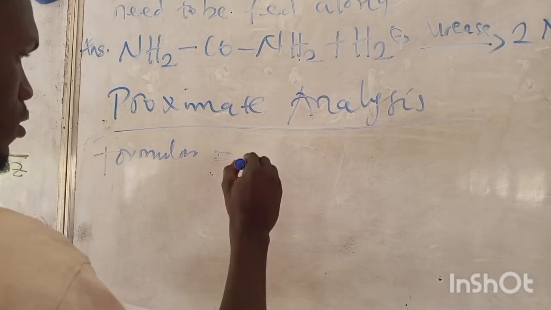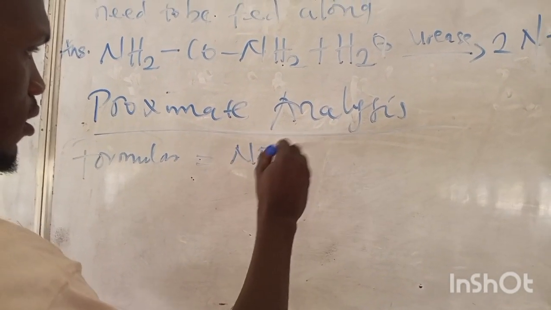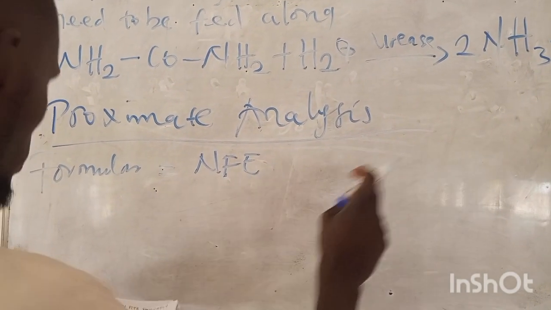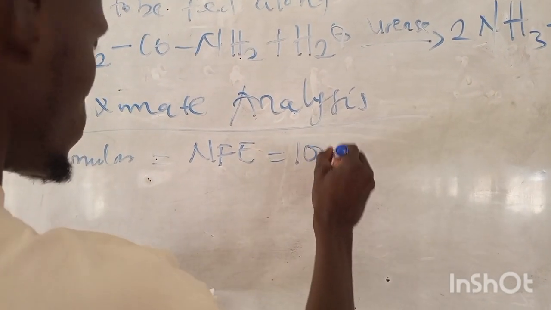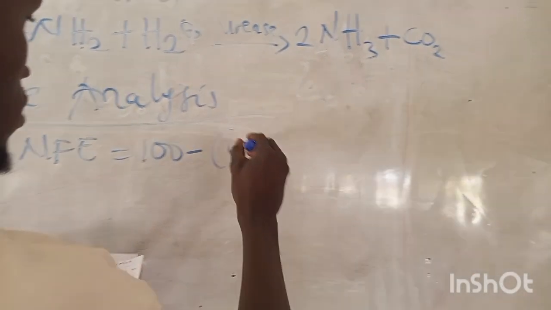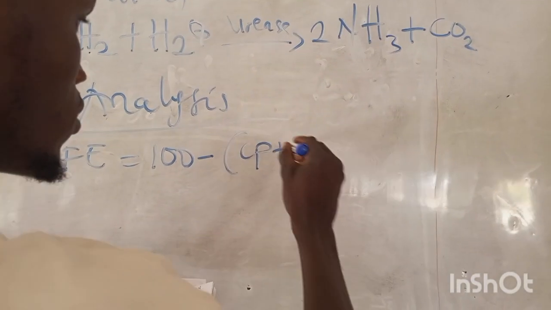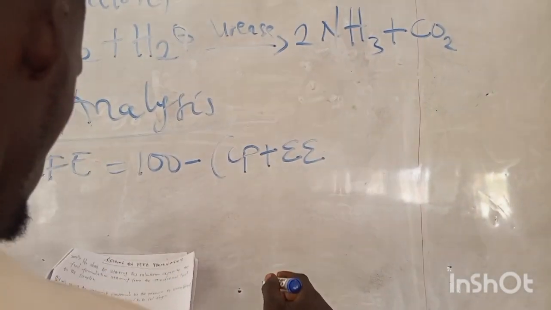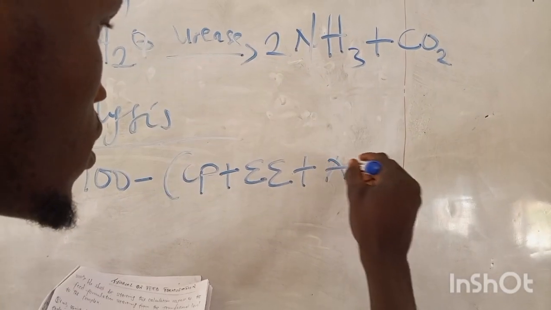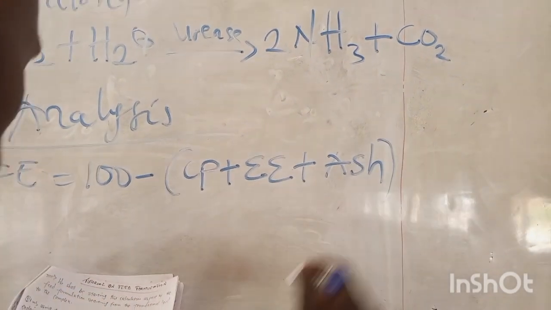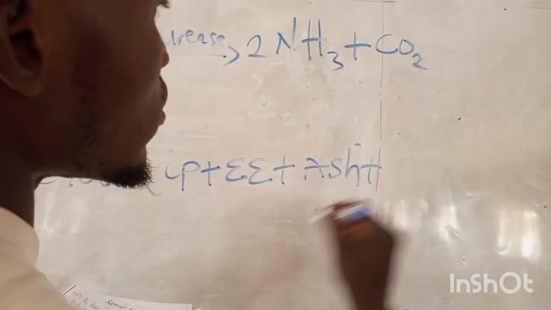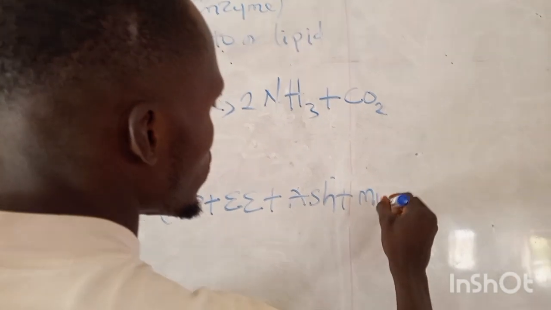We have NFE, that is, nitrogen-free extract, is equal to 100 minus open bracket CP plus EE plus the ash plus the moisture level.